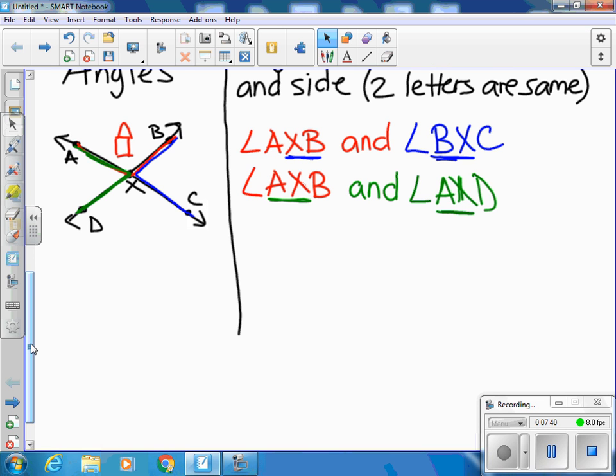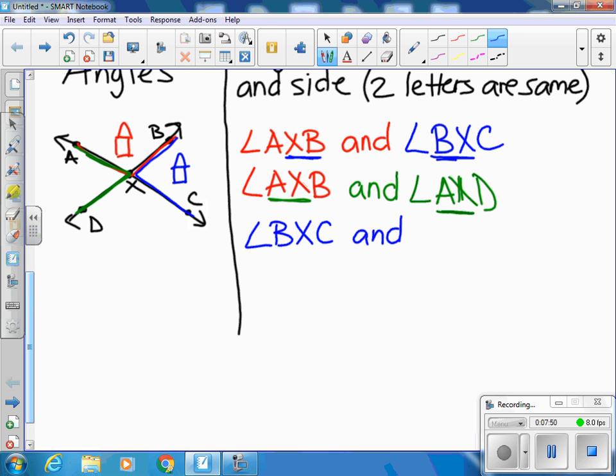So move your house. Let's pretend your house is now over here in blue, at angle BXC. There's a neighbor you haven't named yet. Your next door neighbor would be angle CXD down here. So angle CXD is adjacent to BXC. And notice XC and CX. It doesn't matter the order of the letters, it's whether they have two letters the same.